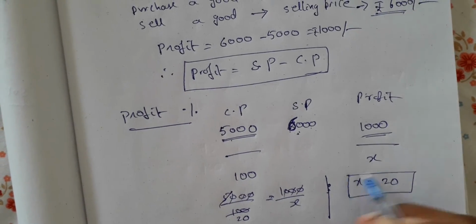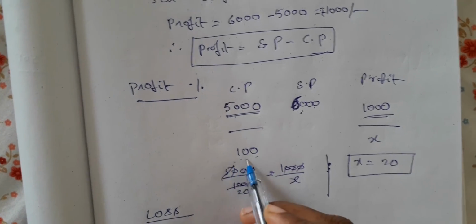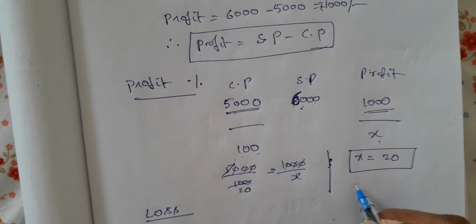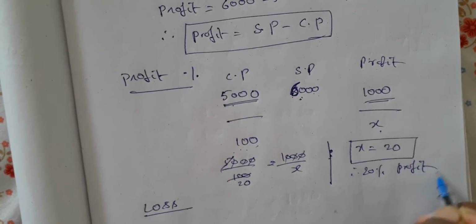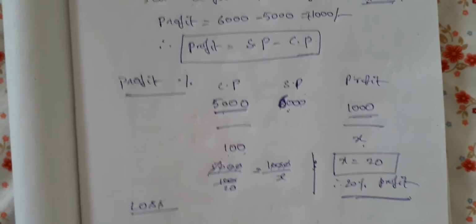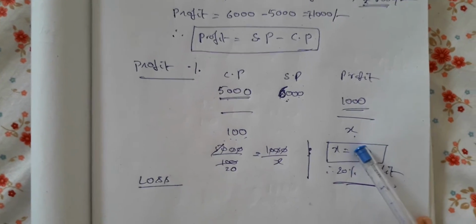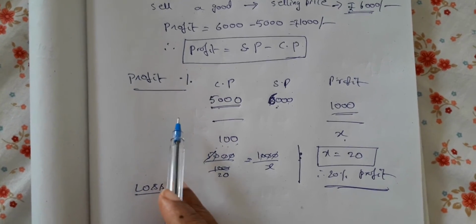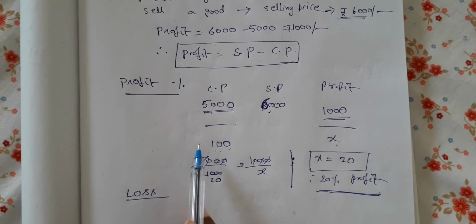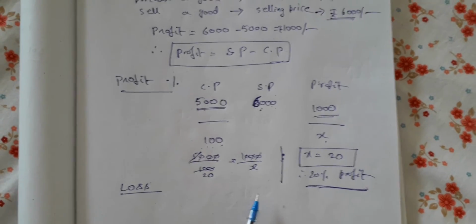Directly you are taking the percentage, because for 100, whatever you are finding is per 100. So therefore 20% profit. This is directly the ratio method. If you want statement-wise, you can say for 5,000 the profit is this much, then for 100 how much. But this is the best method.